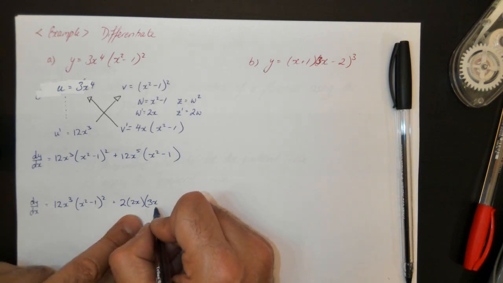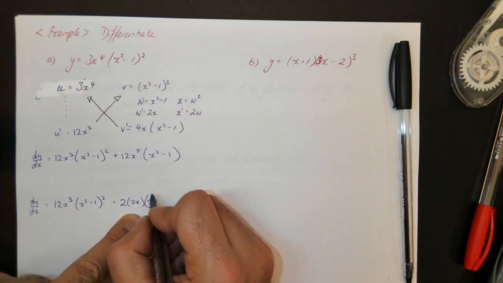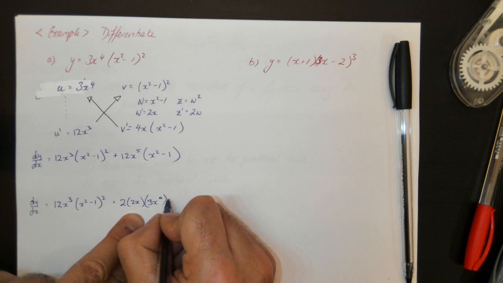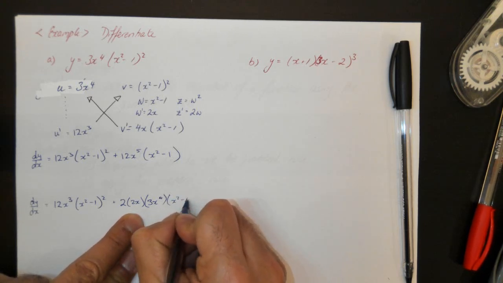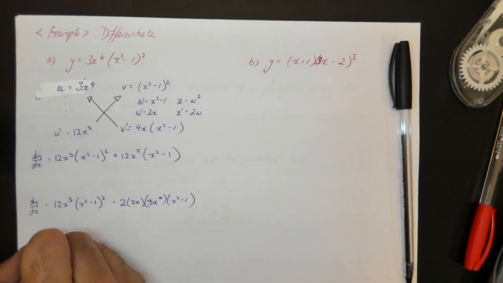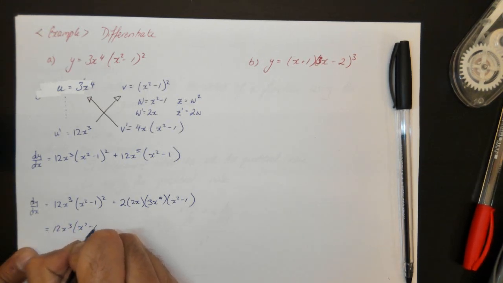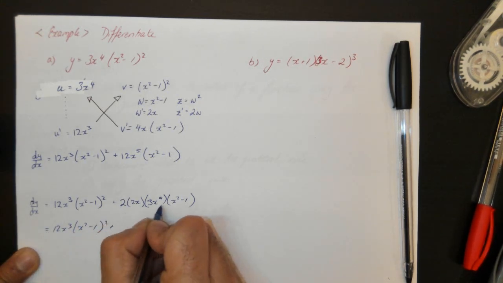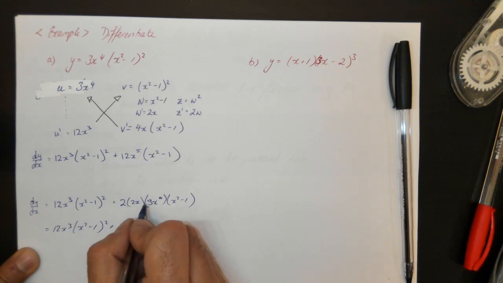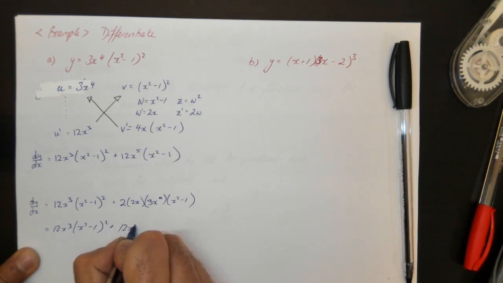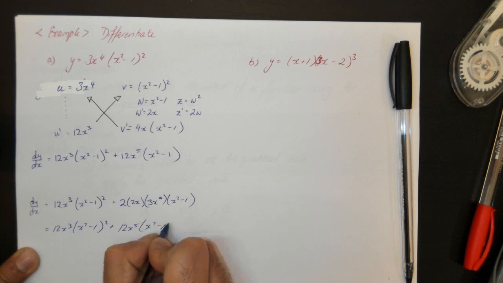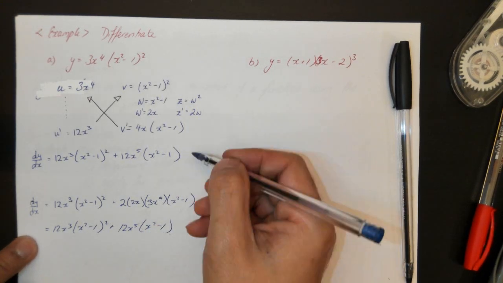And still keep the term that we have, which will give you 2 for 12 x to the 5 (x squared minus 1), which is what we have.